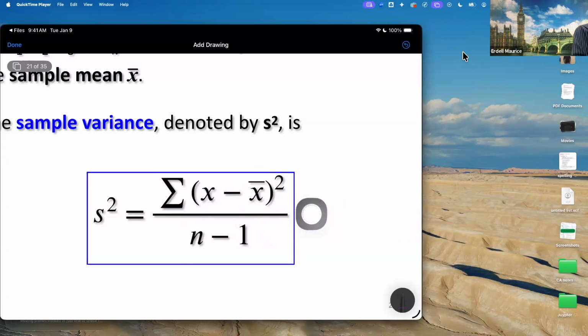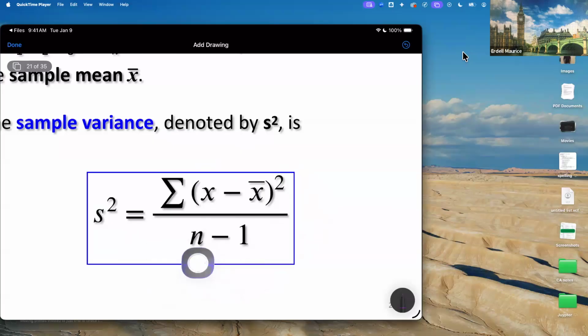Research has shown that if I use this formula and divide by just n, the answer is going to be too small. And so they make an adjustment to fix that problem by dividing by a number that's slightly smaller. Divide by n minus 1 instead.